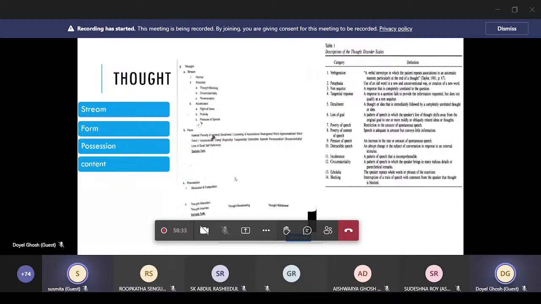How do they know that I was thinking this? Then thought withdrawal, that I'm not having thought because somebody is taking it out from my mind. Every thought I'm thinking is getting withdrawn. These thought insertion, broadcasting and withdrawal are again symptoms of schizophrenia.